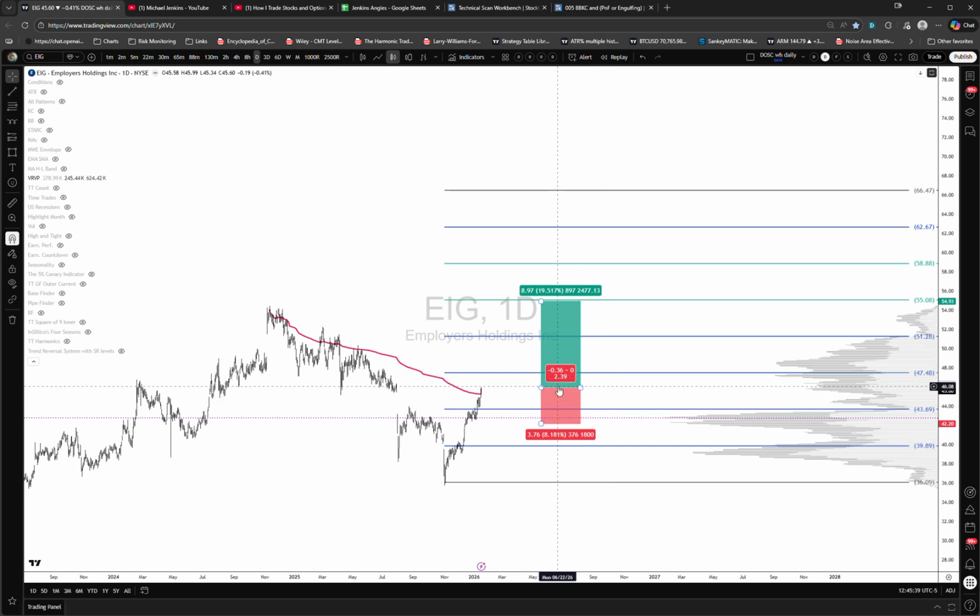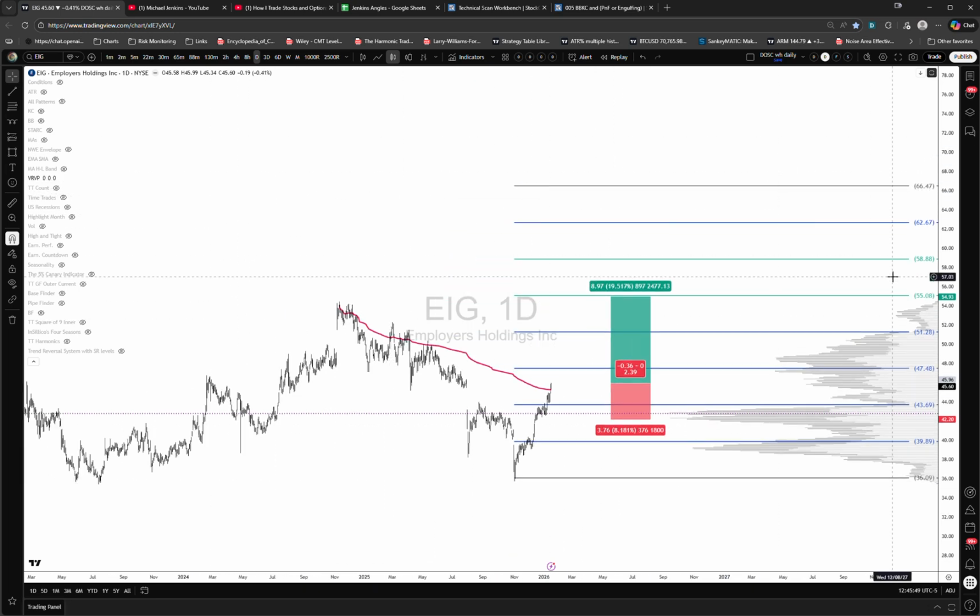So this gives us a 2-to-1 risk reward for a potential 19% move, or an 8% loss. So it looks pretty good. Anyways, that's how I do the harmonic ranges manually. I think these are a good discretionary forecasting tool to use with more static, systematic screening and rules-based identification.